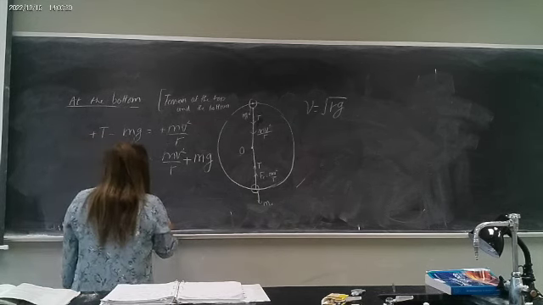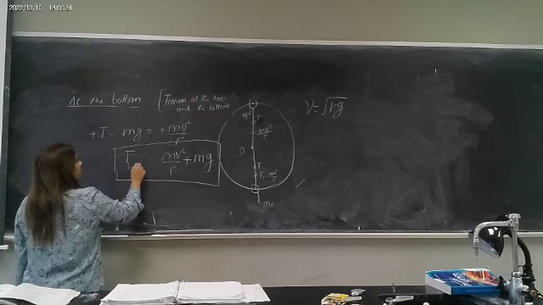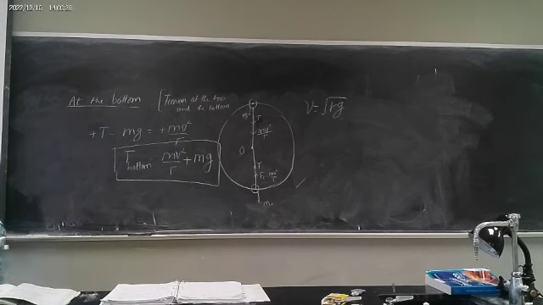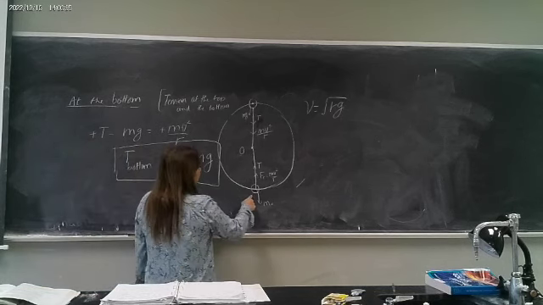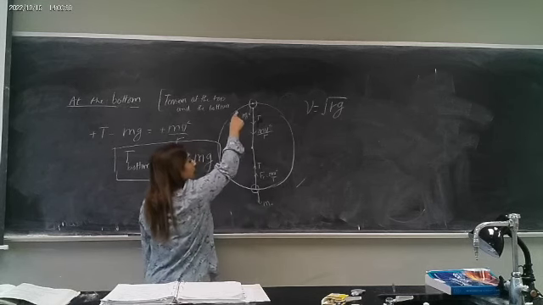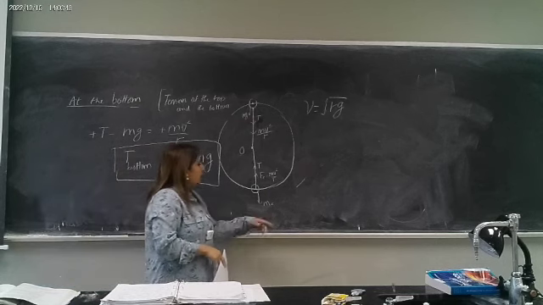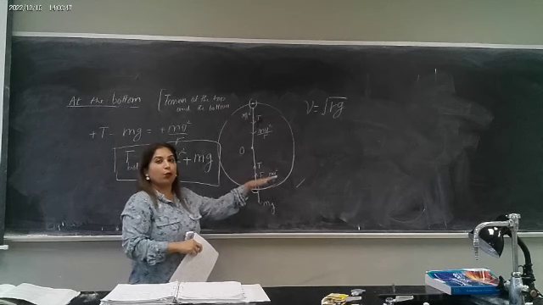This is the equation for tension at the bottom. So the ball has to go faster at the bottom, because there is a force acting downward which is trying to pull it down.